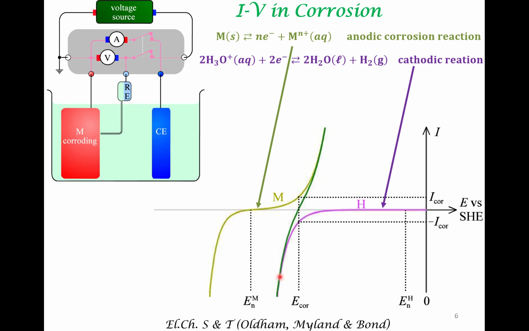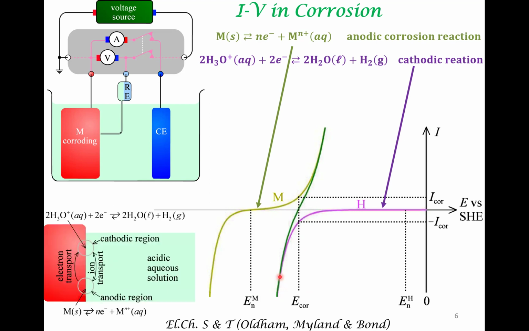First, let's understand the important aspect of a corrosion cell. In a corrosion cell, there is an oxidizing reaction which generates electrons, and these electrons contribute to the reduction current.